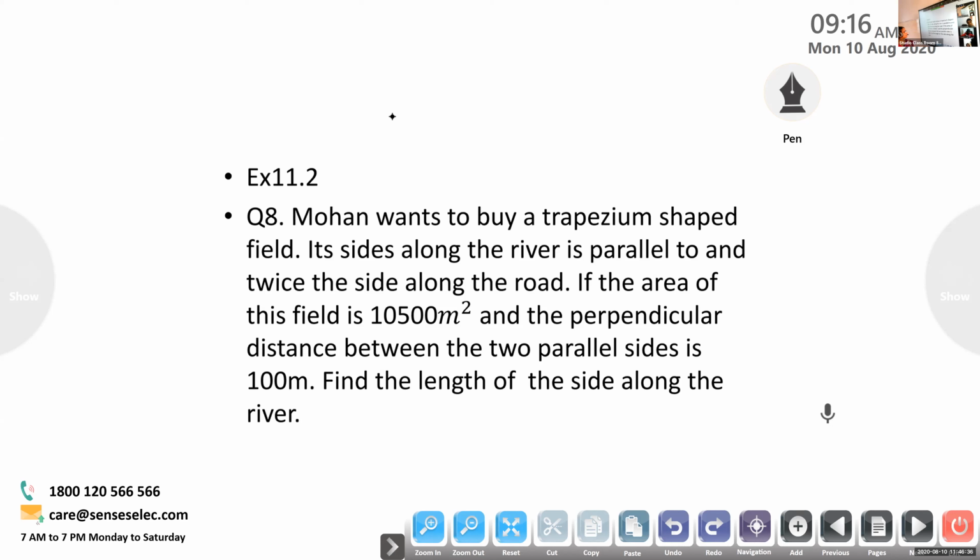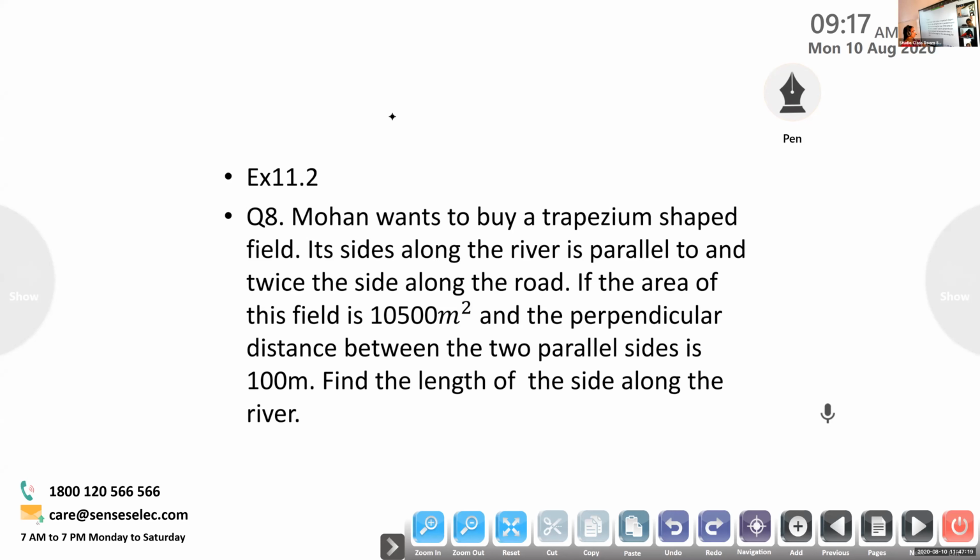If the area of this field is 10,500 meters square, and the perpendicular distance between the two parallel sides, which is the height of the trapezium, is 100 meters. The perpendicular distance between the sides along the river and road is 100 meters, that is H for our trapezium.